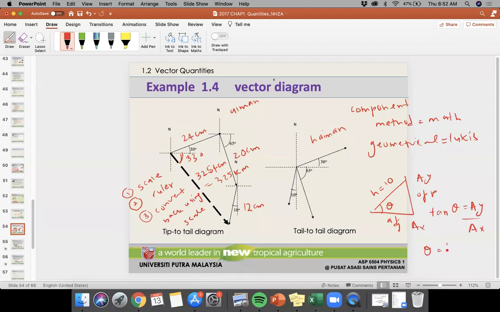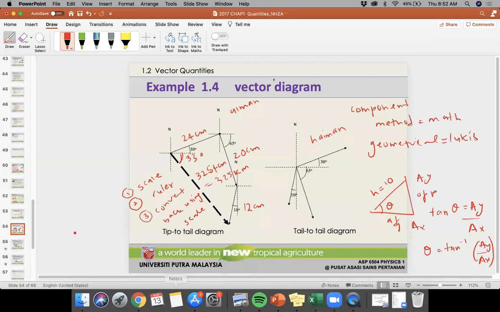Finding your angle is inverse tangent. Because we are always solving for the components, finding what AY and AX are, this is the most straightforward method. Of course, you can find other ways, as long as it's correct and obeys Pythagoras.